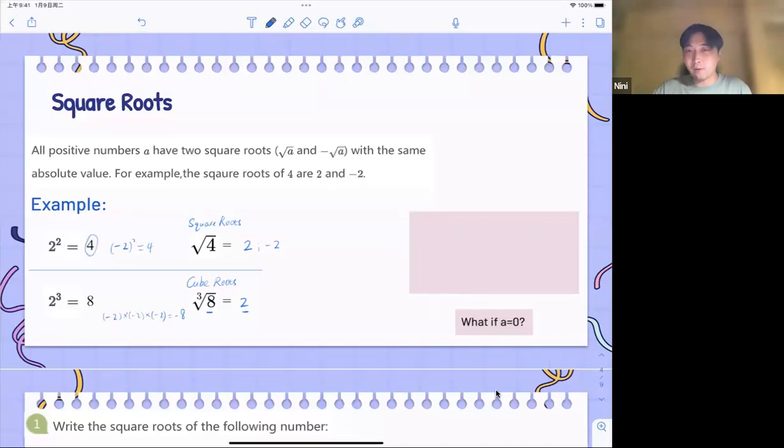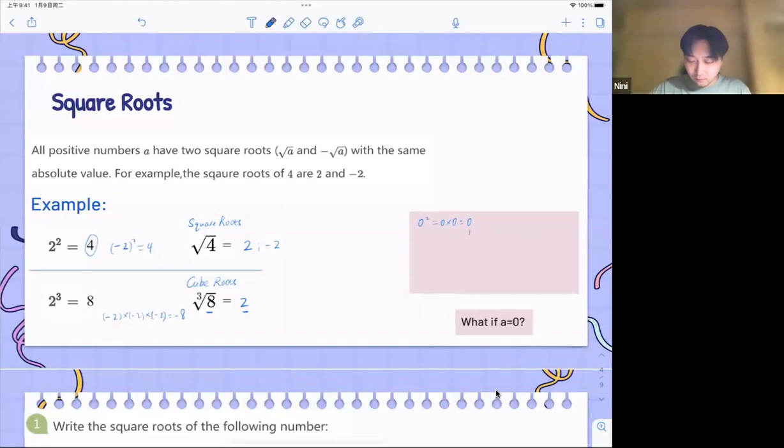What if our a is equal to 0? So if we write it this way, for example, 0 to the power of 2, which is 0 multiplied by 0, which is still 0.